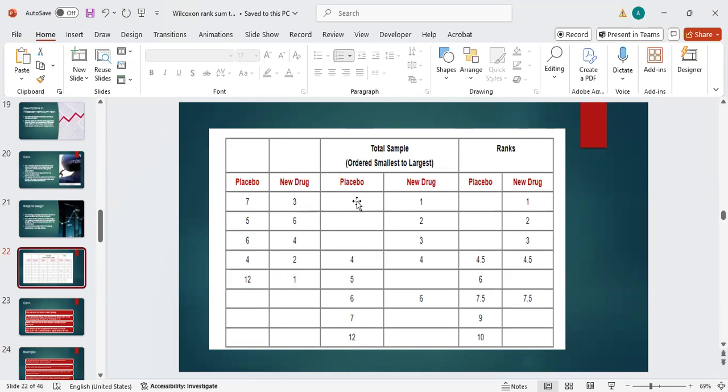Then we arrange the data from small to large, and then we give them ranks: 1, 2, 3, 4, 5. If values are tied across the groups, we sum their ranks and divide by 2, so that we rank them 4.5.